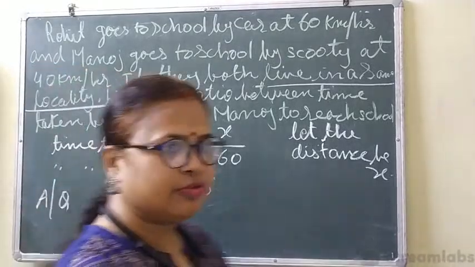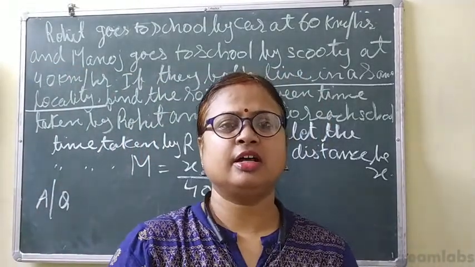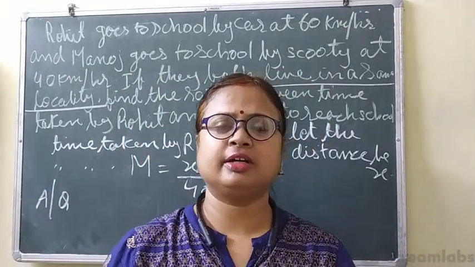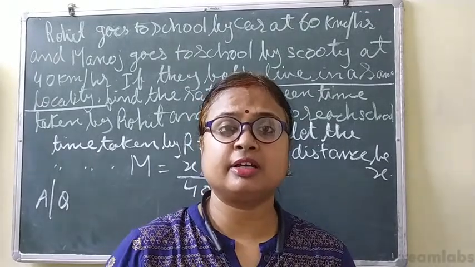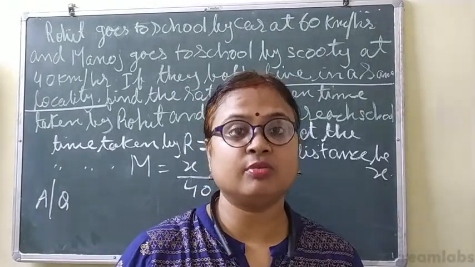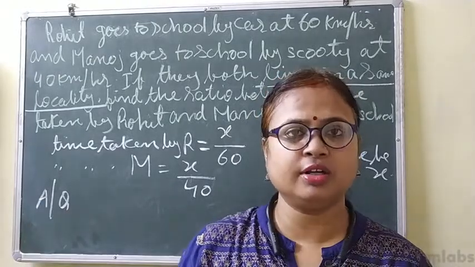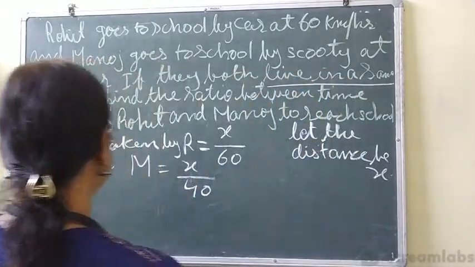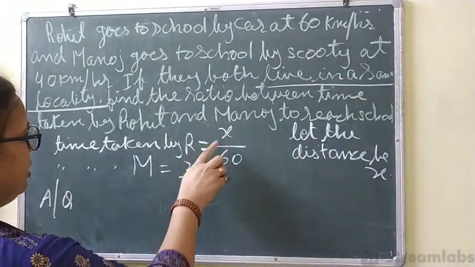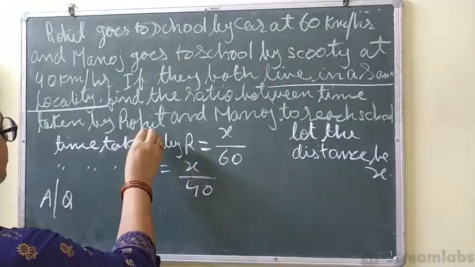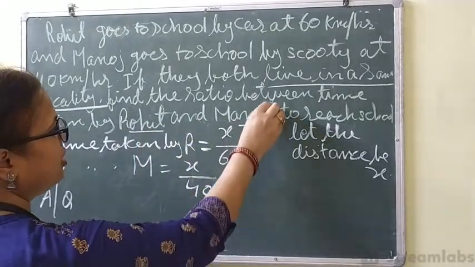Again, instead of writing a long statement, that the ratio between the time taken by Rohit and Manoj is equal to, you can write according to the question. So what will we write here? First it is given of Rohit, and then of Manoj.